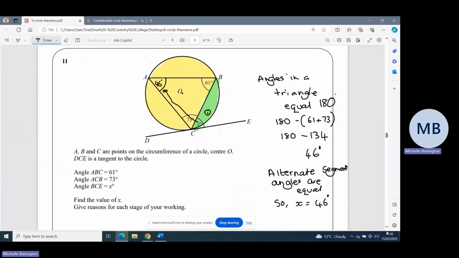And that's your answer. So nice alternate one there. Maybe you can take highlighters. So maybe use your highlighters for alternate segment angles.